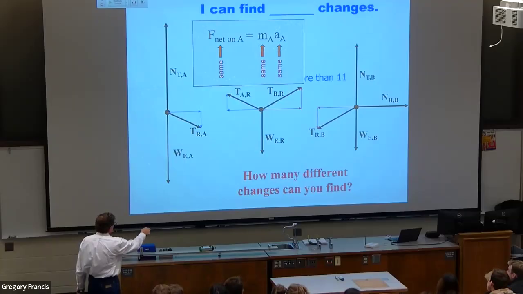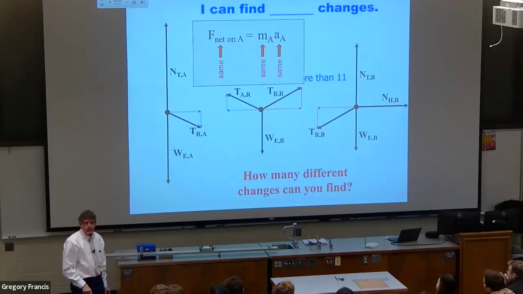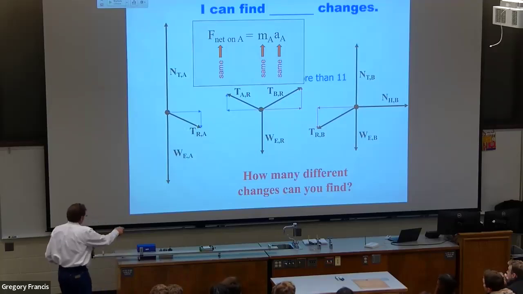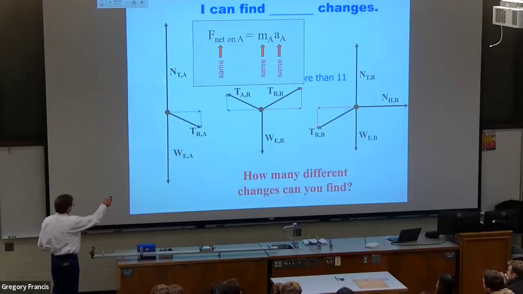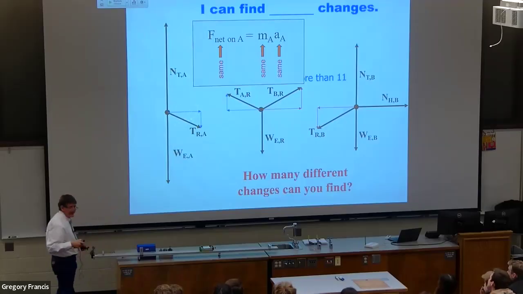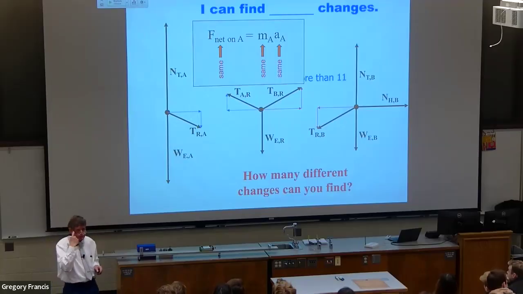And that means the net or total force on A has to stay the same. Well, if this plus this cancels that, this component is the total force. That is the net force. So this one cannot change. Check that your neighbor understands that. That's important.